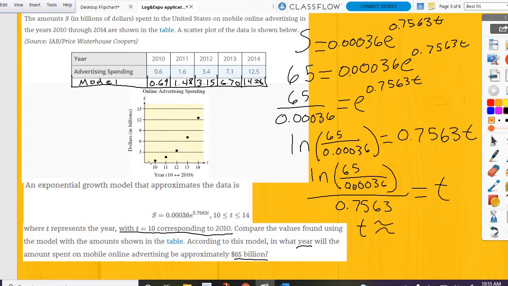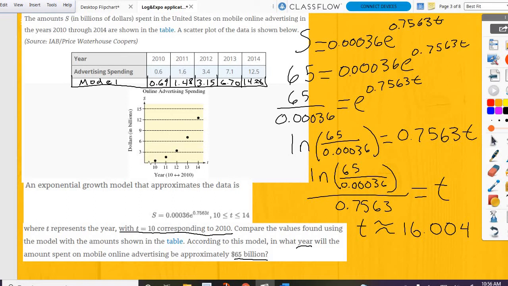So again, we plug all of that into our handy dandy calculator. What do we get? 16.004. Okay. So that is our mathy answer, right? But we have to make it make sense in context with our application. What does it ask us to find?